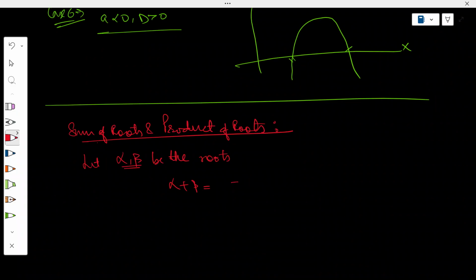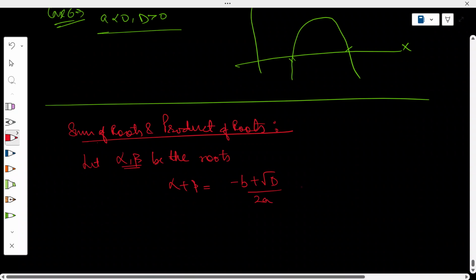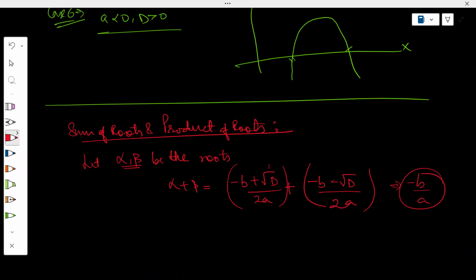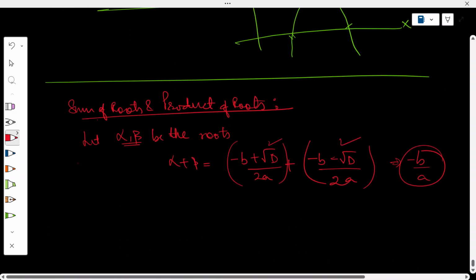So we know that one root can be written as this, and the other root of the quadratic using the quadratic formula can be written as this. If you add these two, it will translate to minus b by a, because plus root d and minus root d will get cancelled.